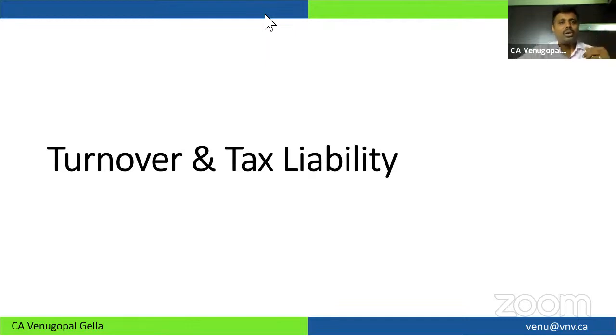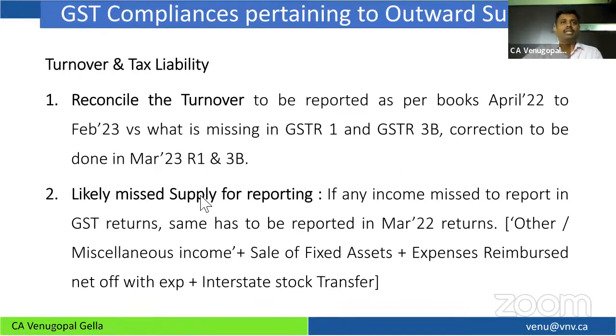If you are not attending to it, the difference will be collected from you as tax due under section 79, which means some money that you are due to the government under section 79, that is what would be collected. So we need to be very much on top of why the data is not matching.